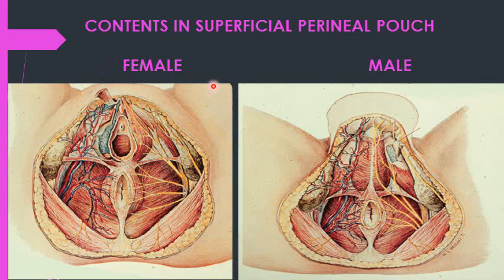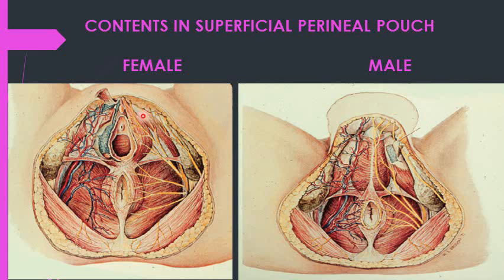With the help of these pictures, you can very easily understand and compile the contents of the superficial perineal pouches in the female and in the males. In the female, you can understand that this is going to have the bulb of the vestibule along with its muscle, that is the bulbospongiosus.